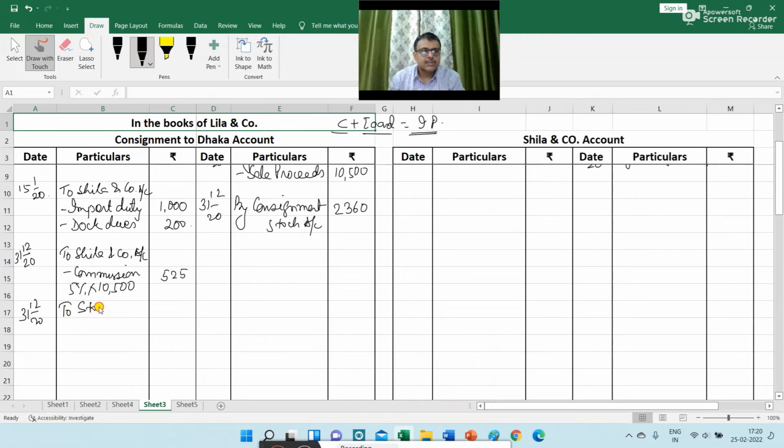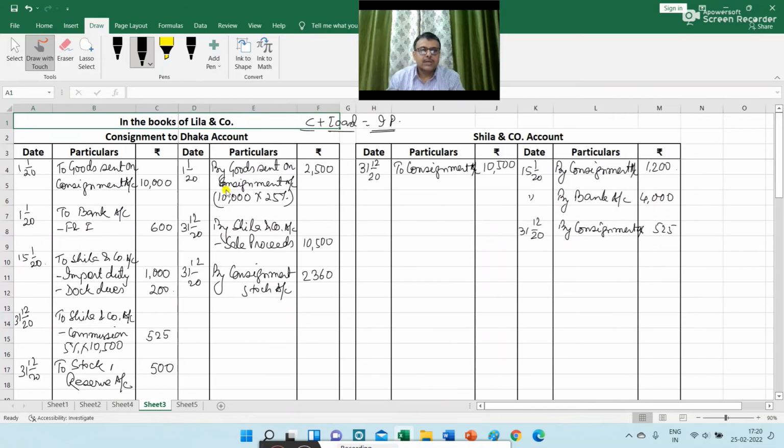So stock reserve is the load on this closing stock. The amount of load which is included in the closing stock is rupees 500, and I have shown you the working.